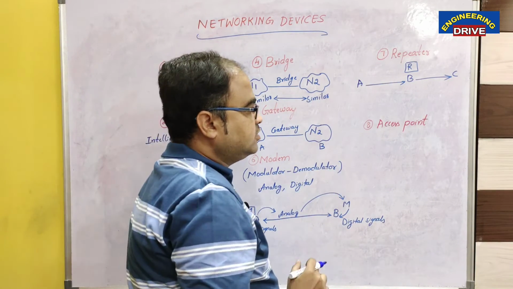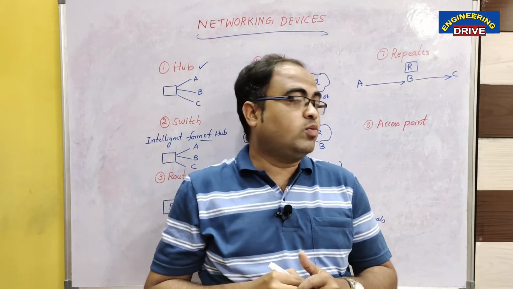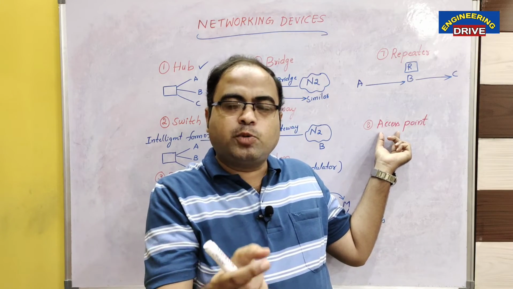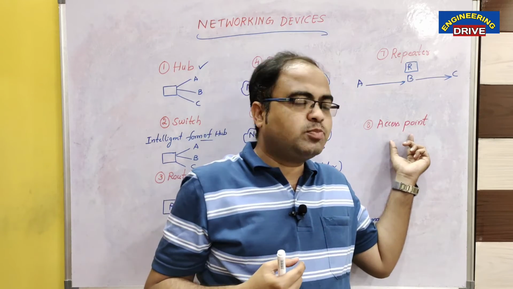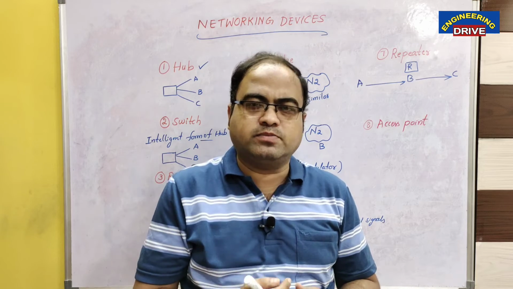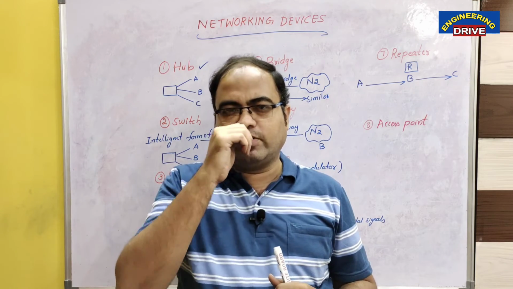Okay, and the last networking device that can be used is the access point. So what is actually an access point? The answer is there in the name itself. By using this point we can access something. What can we access? Data. Access points are generally wireless LANs or the Wi-Fi modems which we use in our home. What is the main purpose of this Wi-Fi modem?